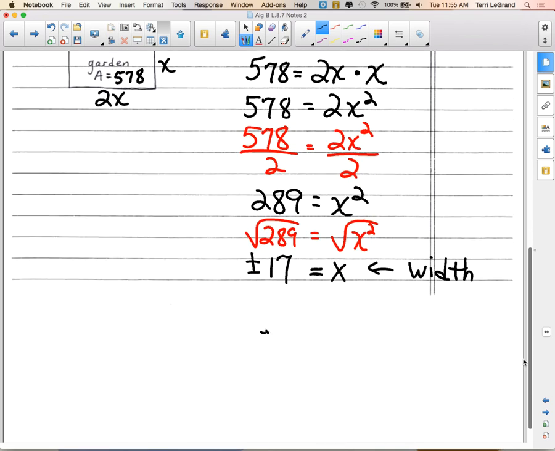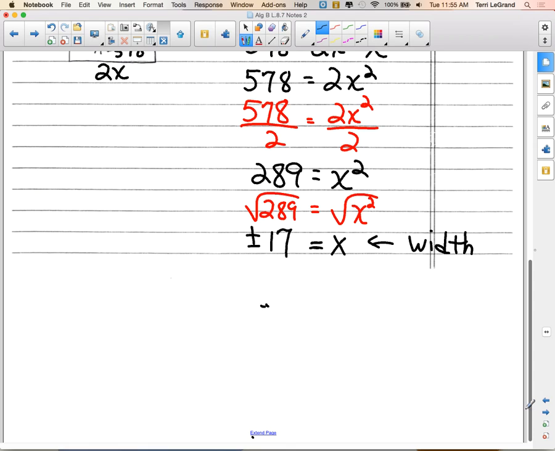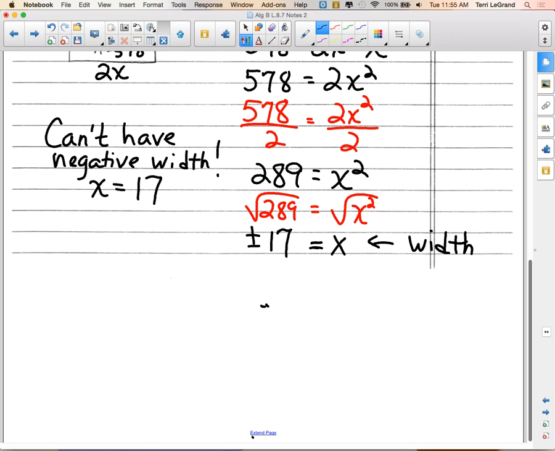Oh yeah, I didn't ask for the width, I asked for the length. So first of all, we can't have a negative width. So even though there are 2 square roots for 289, that negative 17 is worthless. You can't have a negative 17 for a width. So we're going to say that our width, our x, is only 17.